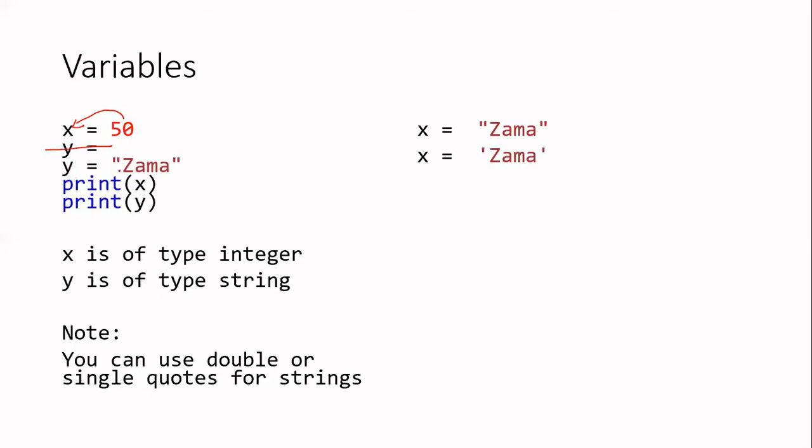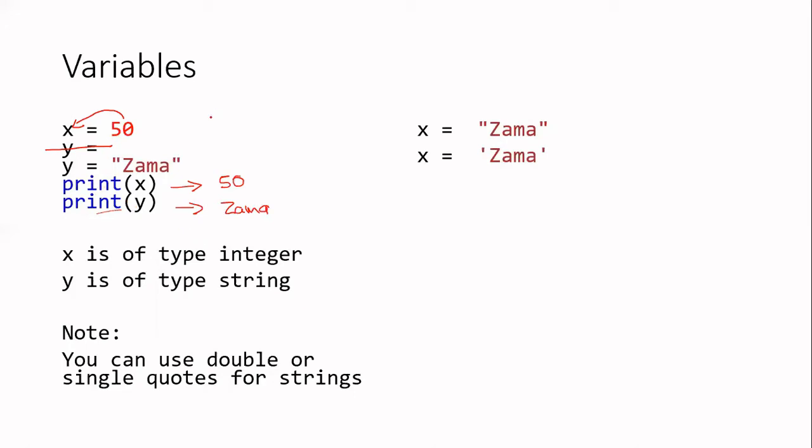And then we've got y equals zama, and here we are using quotes. So a different value is now stored in y. So when you say print x and print y, printing x will print the value 50, and printing y will then print the value zama.